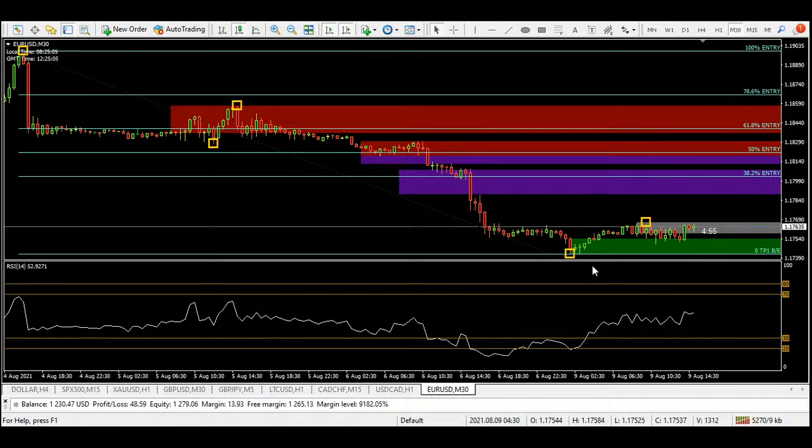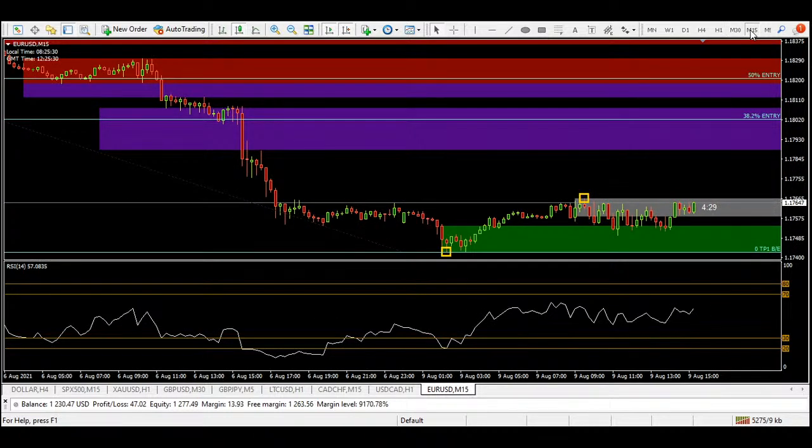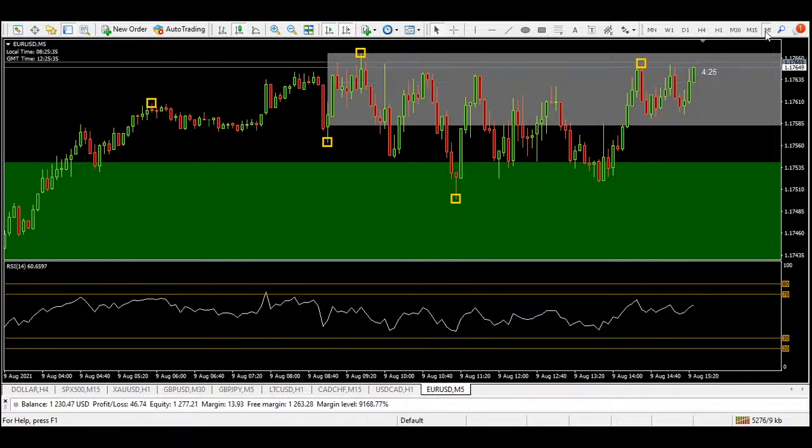So 30 minutes: rally, base, rally, drop, base, rally. Let me get a rally-base-rally here. I'll probably take this on a break and retest.